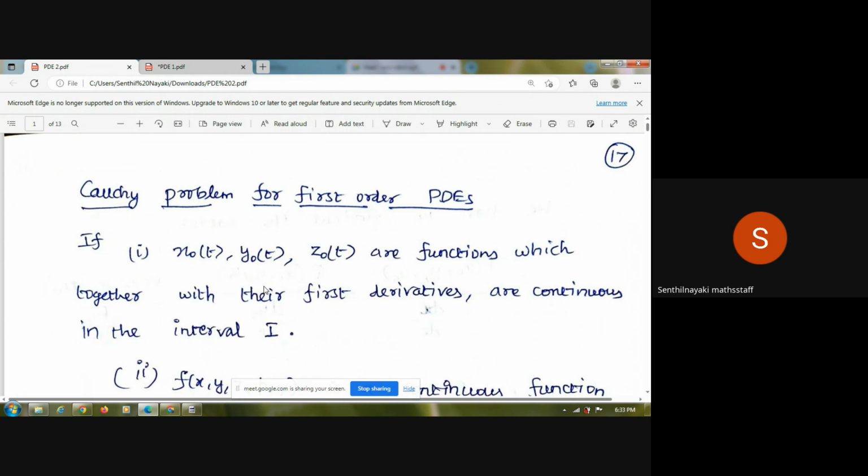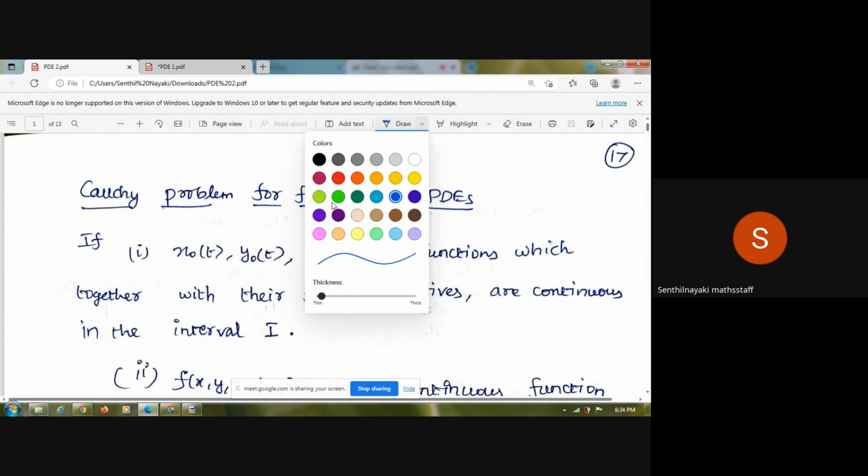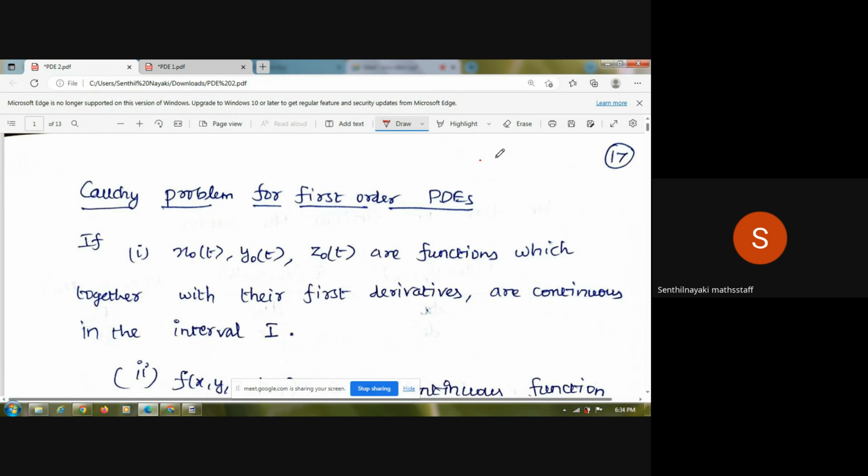In Lagrange's, how can we solve that Lagrange's linear PDE? First we have to consider a partial differential equation. It should be linear. Linear means, as you may be aware of the definition, the dependent variable and its derivative should not be in product. That is called linear.